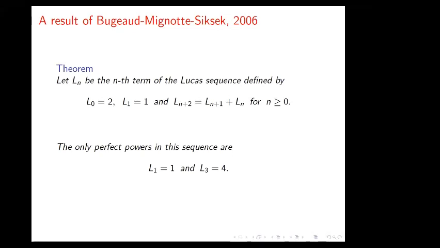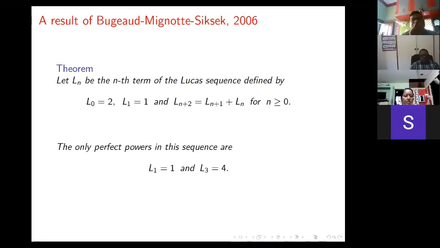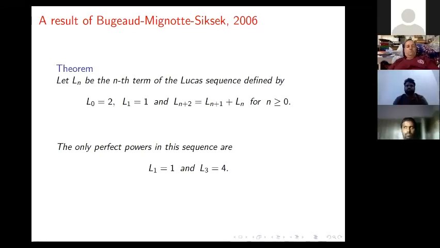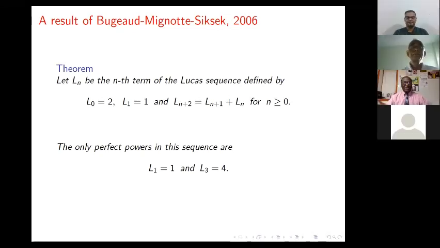In fact, the method was not easy. They combined two main techniques, Baker's method and the modular method. These three results I am talking about have changed a lot the way we see the study of sequences.